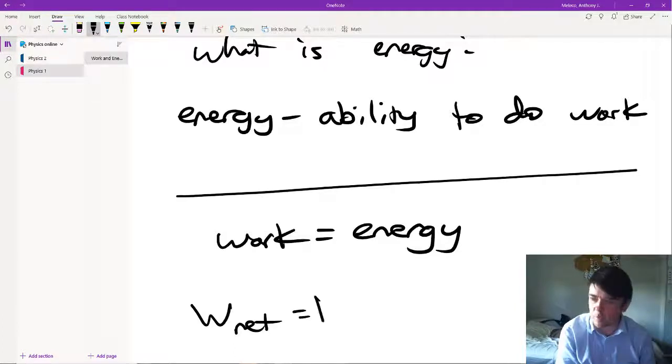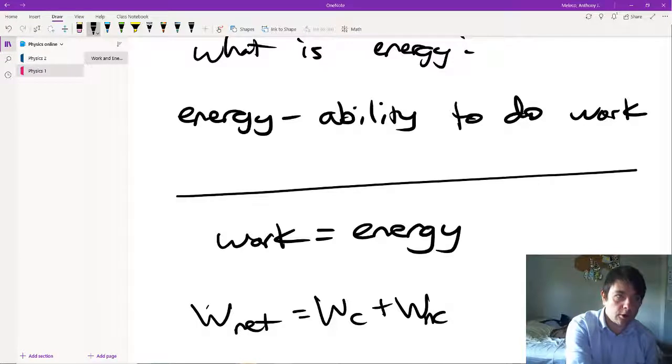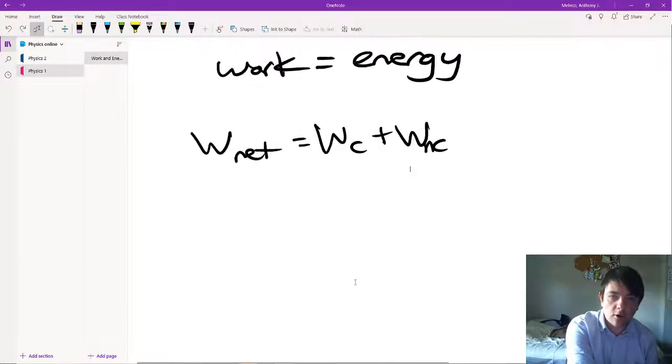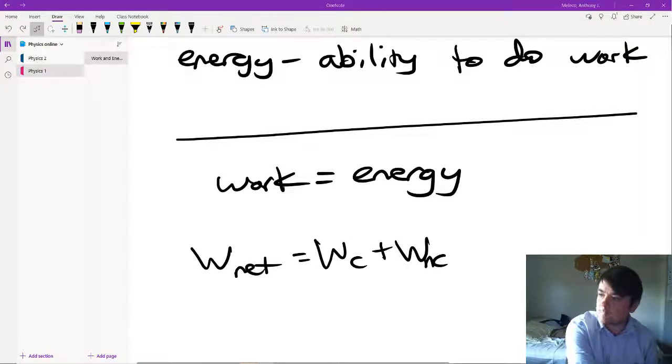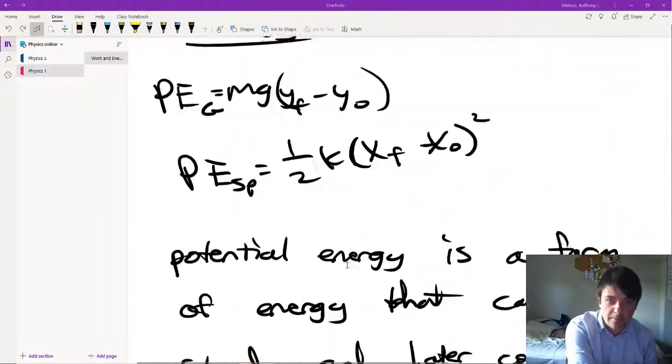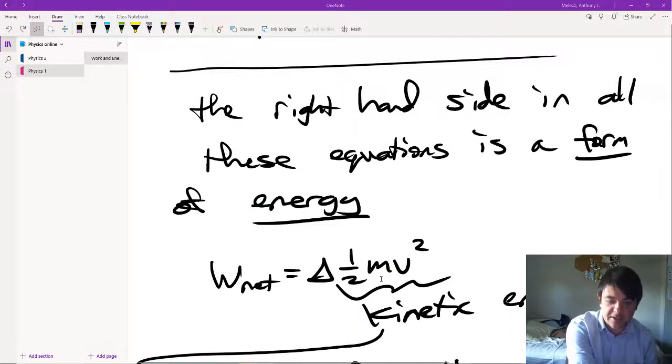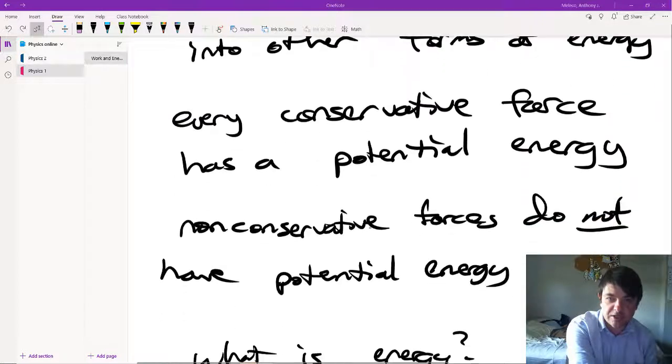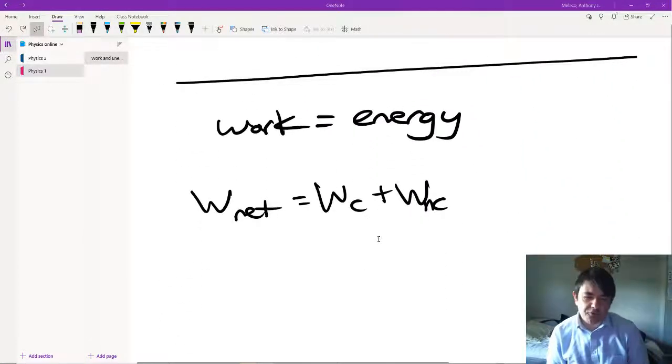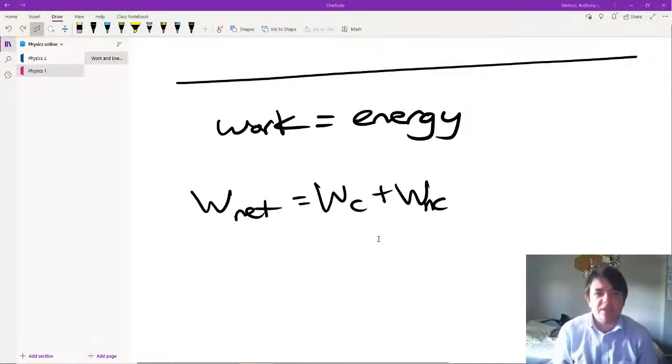I kind of want to talk about more of this. But if we want to create a new equation for the net work, we know what we did before: net work equals ma x, and that's how we ended up getting the kinetic energy. So net work equals the change in kinetic energy. But what we can also do is write net work in terms of another, more generic expression.